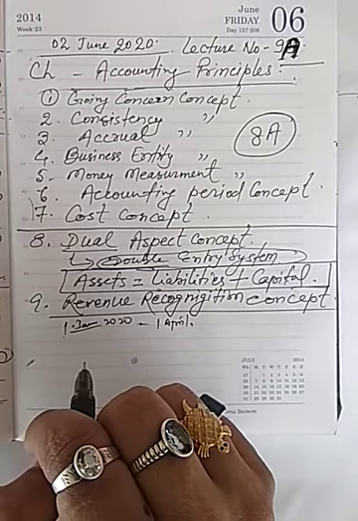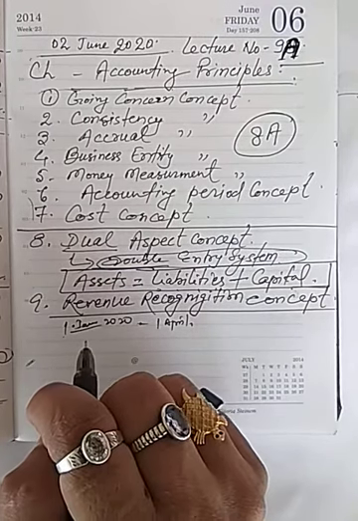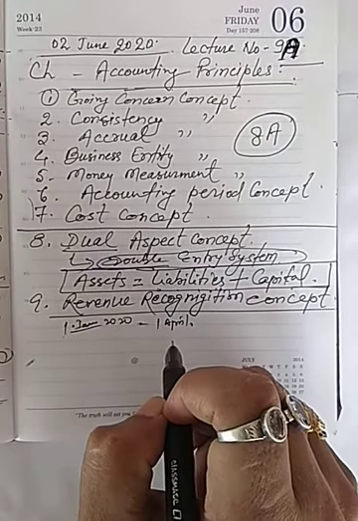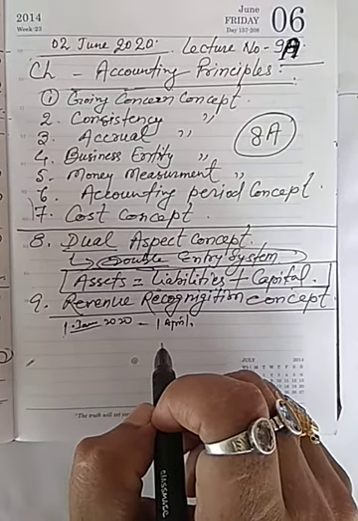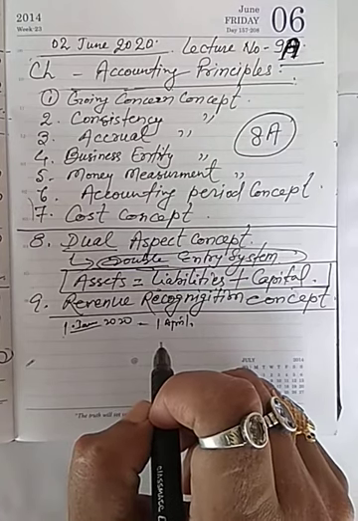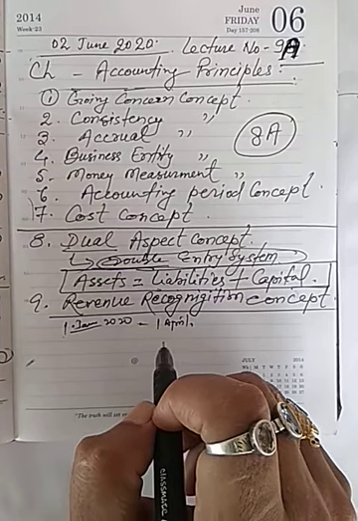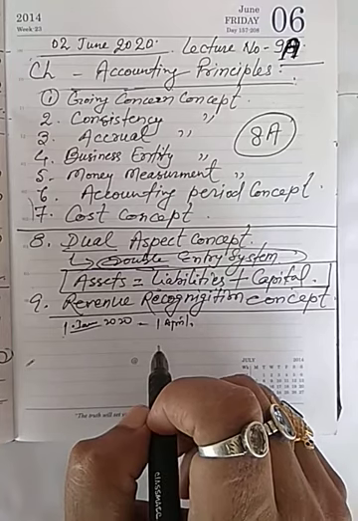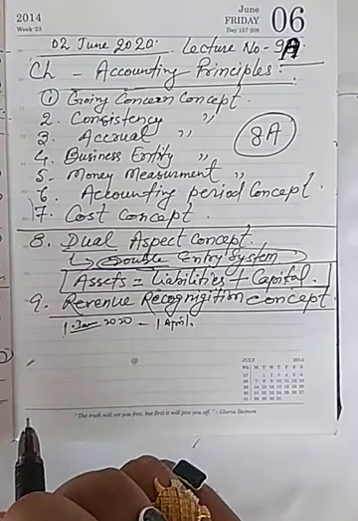So, revenues in case of income such as rent, interest, commission, etc. is recognized on a time basis. For example, rent for the month of March, even if received in April, will be treated as revenue of the financial year ending March only.